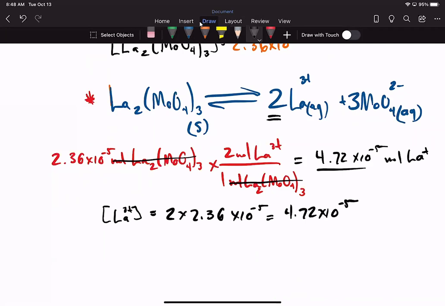So we really don't need to do the stoichiometry here, but if you feel you need to, that's perfectly fine. I won't stop you.